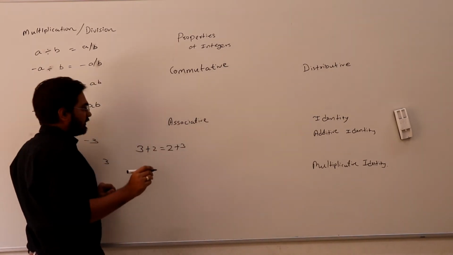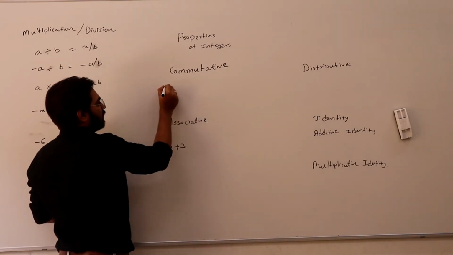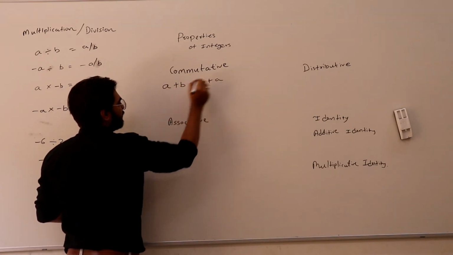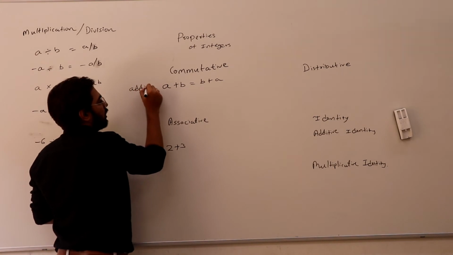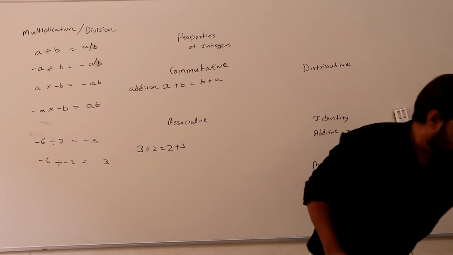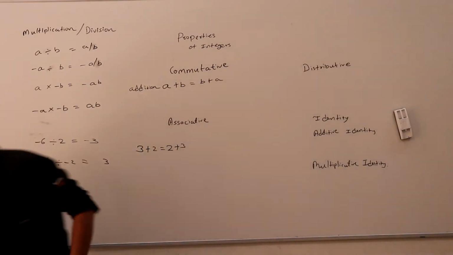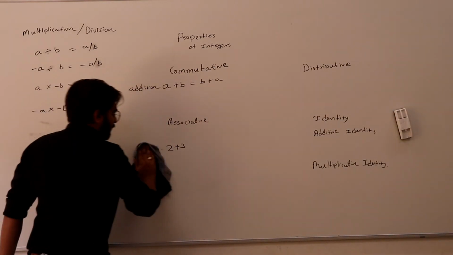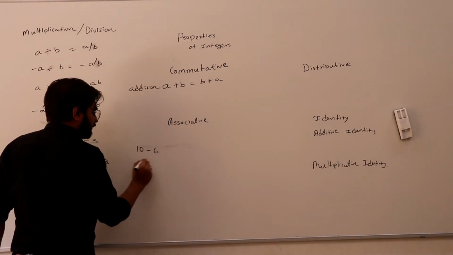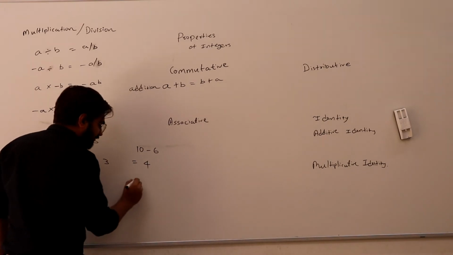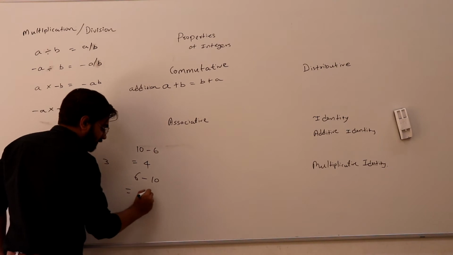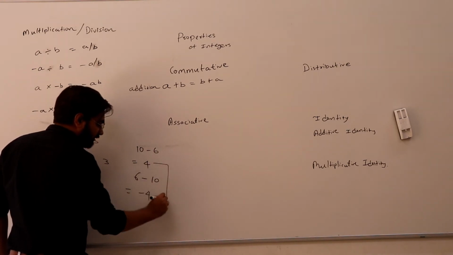So for addition, it won't matter. That means addition will follow the commutative property. But for subtraction, there will be a problem. If I do 10 minus 6, the answer will be 4. But if I do 6 minus 10, that means I reverse the order, the answer will be minus 4. Are these two answers the same?